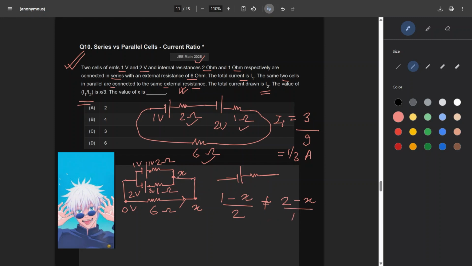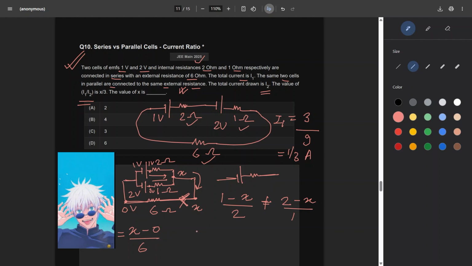So if you add these two currents, it should be equal to, if we take the current direction to be flowing this way, x minus 0 upon 6, right? This way.